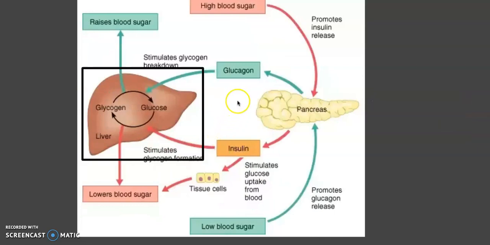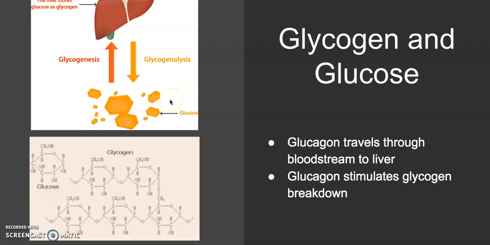So glucagon also travels to the liver, and it works in this pathway. So it breaks glycogen down into glucose. And if we remember, glycogen is these long chains, and glucose is this usable subunit here. And so let's think about what's going to happen when that glucose gets released from the glycogen chains.